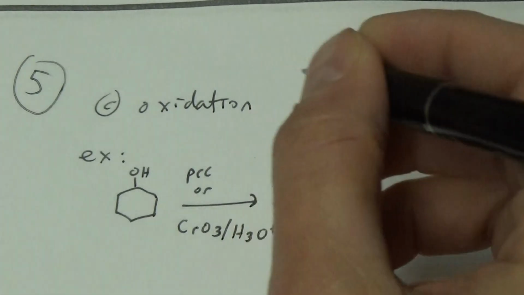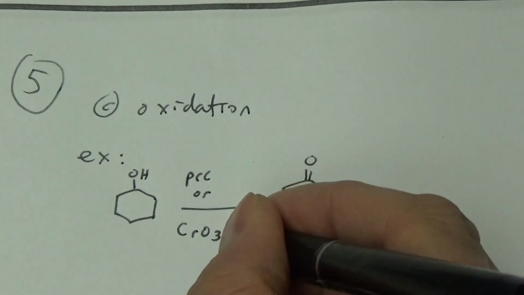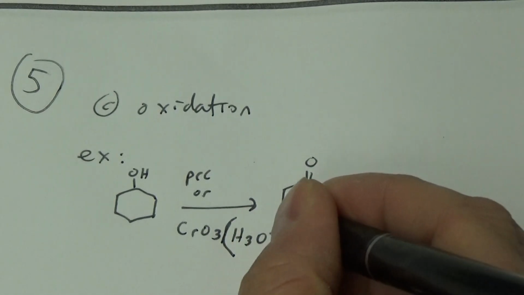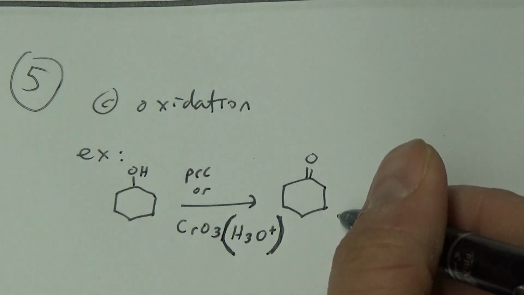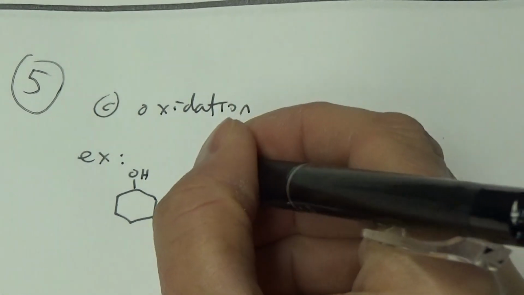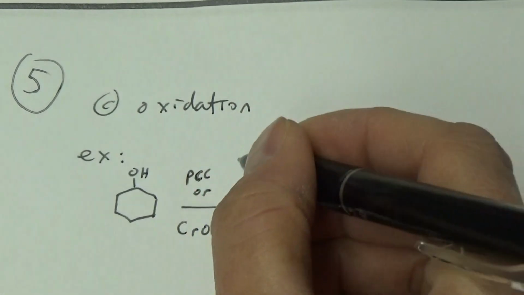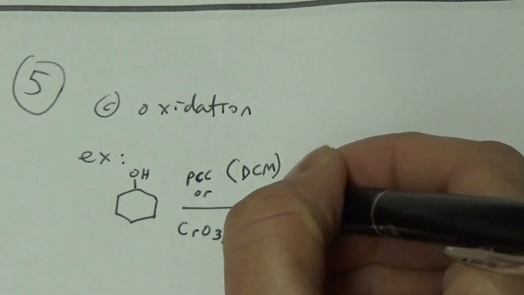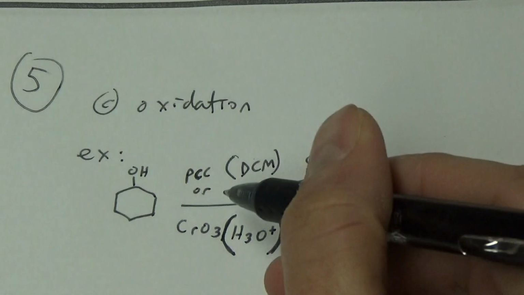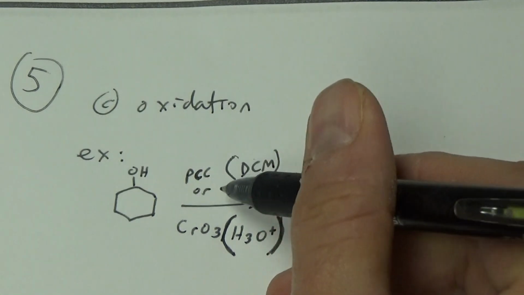I should also mention that we often omit the solvent. It is important for the reagent. The book, and we'll do it later, emphasizes the use of DCM as a solvent for PCC.